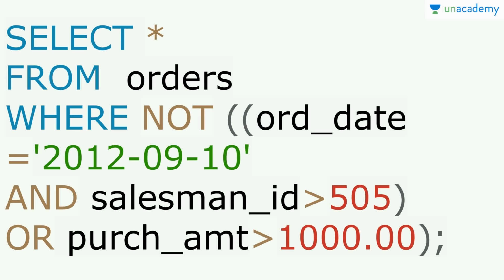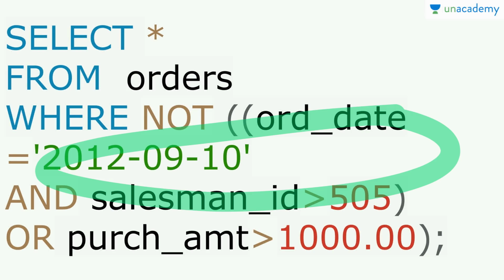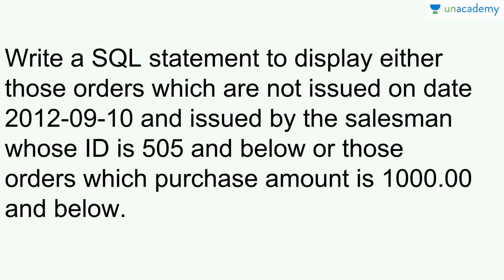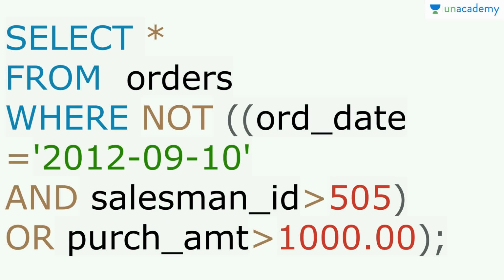So for the negative of it, we are applying and salesman ID is greater than 500, because we have applied not here. And then it is saying or those orders whose purchase amount is 1000 and below. So or purchase amount is greater than 1000, because see here, one parenthesis is this and another is this, and not is here.